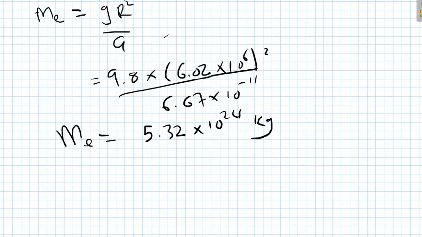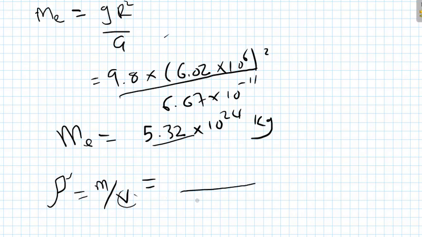Now, if this is the mass of the Earth, we know that density, or rho, is equal to mass over volume. We have the mass, the density we need to find, and the formula for the volume is actually 4/3 pi r cubed.